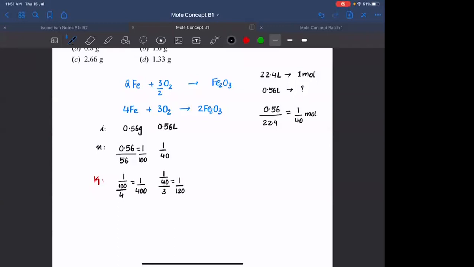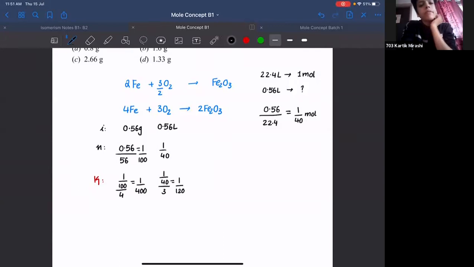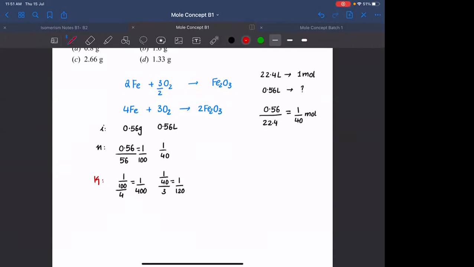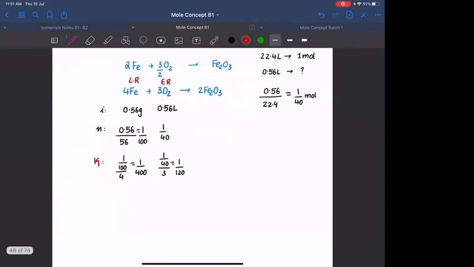Which is the lesser value? 1 by 400 is less, since you are dividing 1 by a larger value. So this becomes the limiting reagent and this becomes the excess reagent. If they are taken in stoichiometric proportions, the entire reaction happens. So this is the K of the limiting reagent.